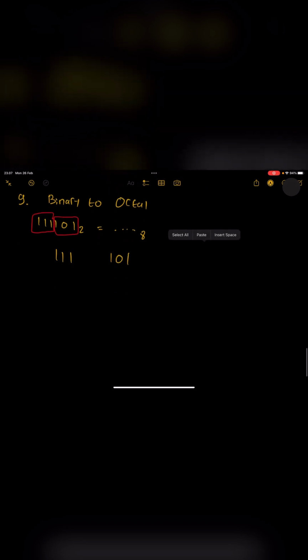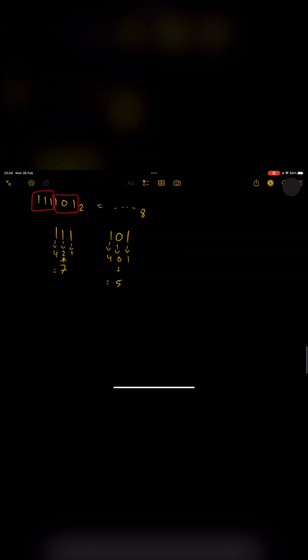So as we know, 1 1 1 will be equal to 7 because 1 times 2 to the power of 0 will be 1, and this 1 times 2 to the power of 1 will be 2, and this 1 times 2 to the power of 2, which is 4, and then you add it, and then you will get 7.